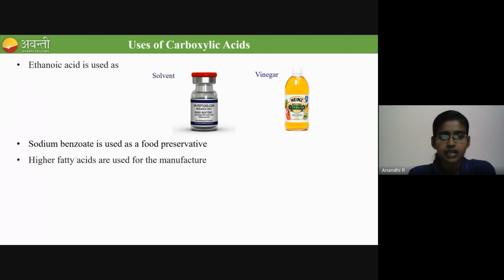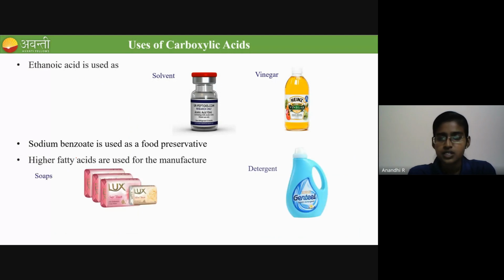And higher fatty acids are used for the manufacture of soaps and detergents. Higher fatty acid means carboxylic acid containing more than 15 carbons. So those fatty acids are used in the preparation of soap, and the reaction is called saponification.